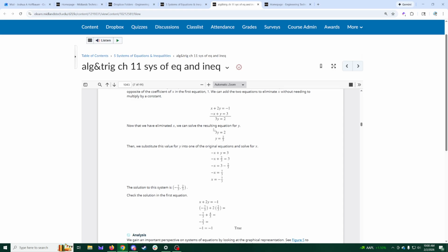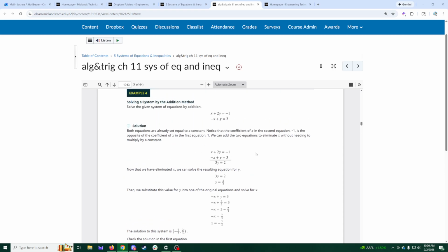And so solving a system of equations by addition exists to try to strategically cancel terms from one equation out. You want to cancel out one of the terms entirely so that the third equation you create only has one variable in it for you to then solve. And sometimes this method is going to be easier than others.